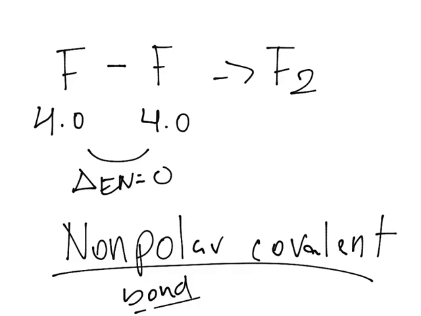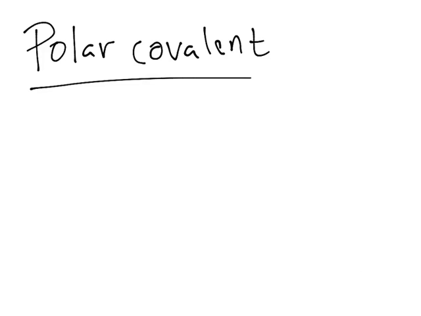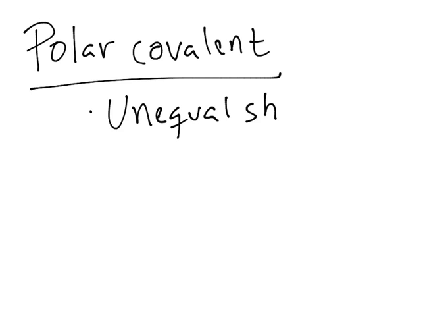Now the other type of covalent bond is called the polar covalent bond. In this type of bond there will be sharing because it's a covalent bond. In all covalent bonds there will be sharing, but here the sharing is unequal. So one of the elements will be pulling more electrons and will have more electrons.